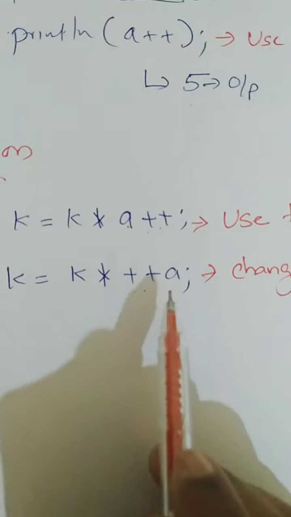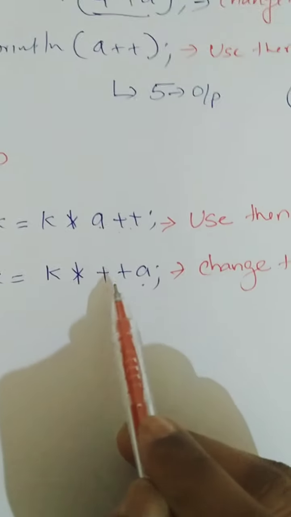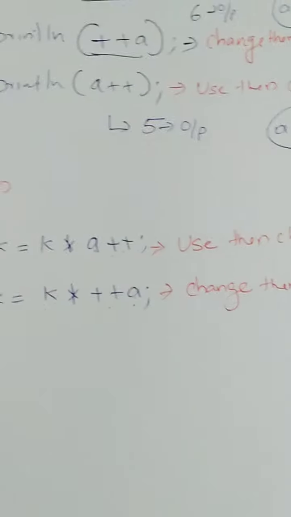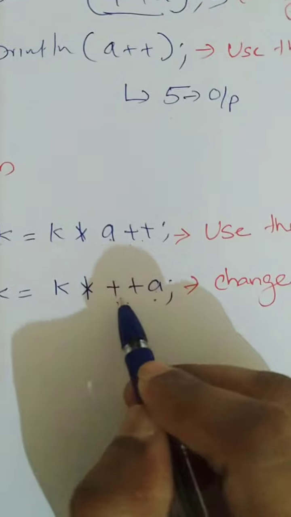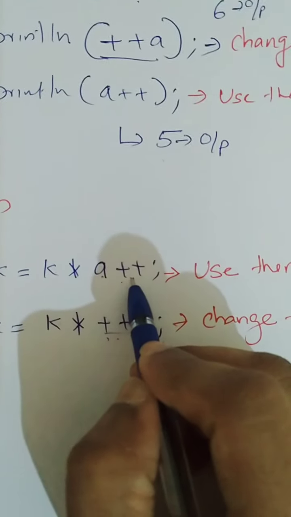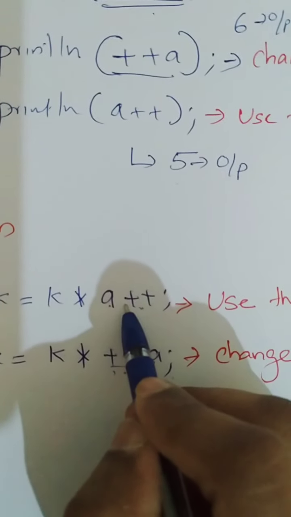Just make it clear that if the operator comes in front of the variable, it is prefix. Its rule is change the value of the variable and then only use, because the plus is coming in front. So first it will change and then use, whereas here the plus is coming after the variable, so it is postfix.